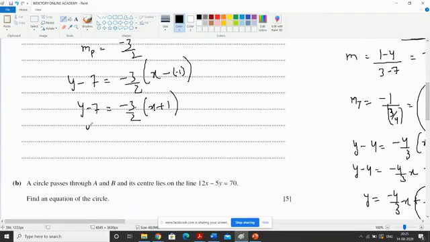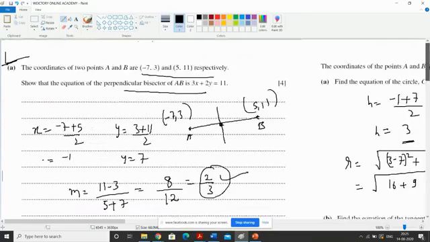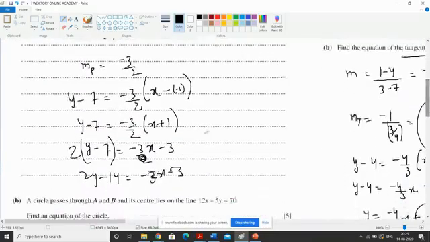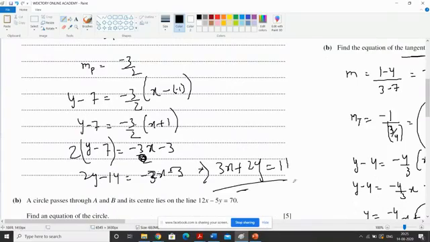To simplify, let's multiply by 2: 2y minus 14 is equal to minus 3x minus 3. The equation we need to prove is 3x plus 2y is equal to 14 minus 3, which is 11. That's the answer.